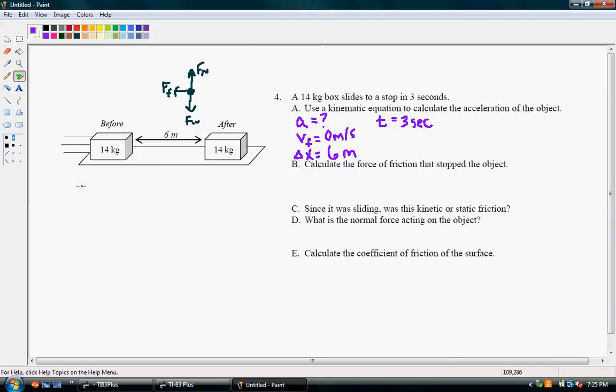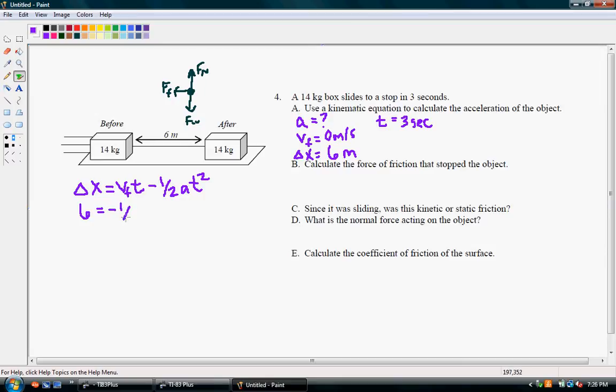So we're going to use the equation without initial velocity, which is delta x equals final velocity times time minus 1/2 a t squared. So we plug these in, we get 6 equals, and then our final velocity is 0. 0 times time is still 0.